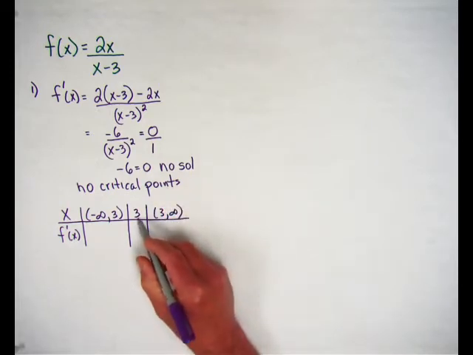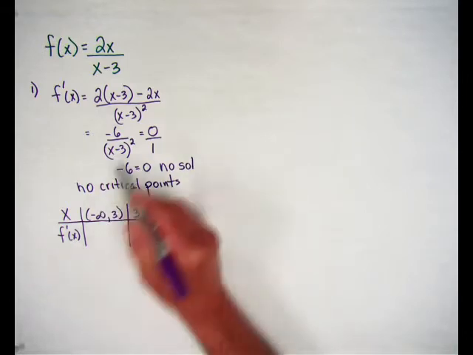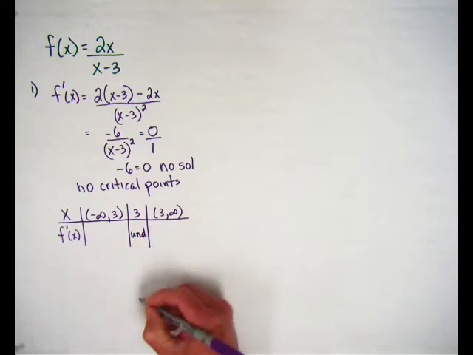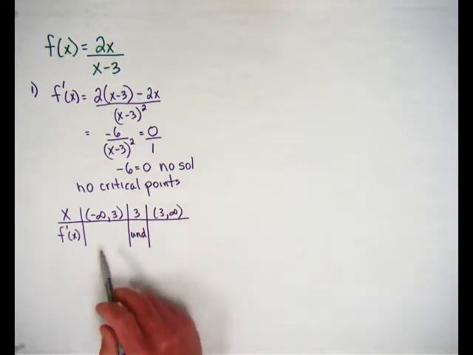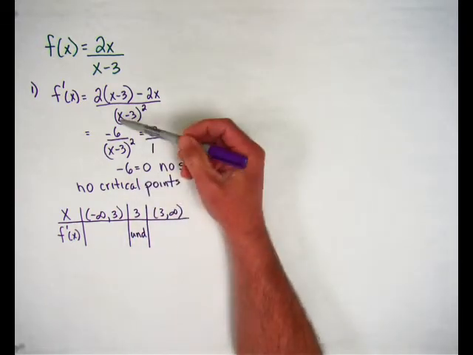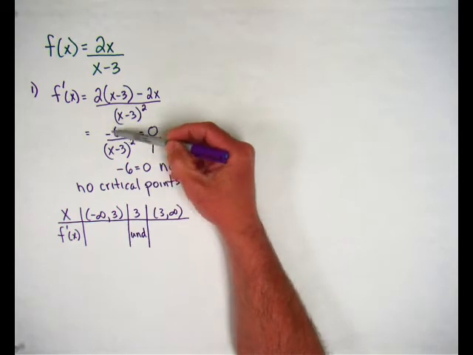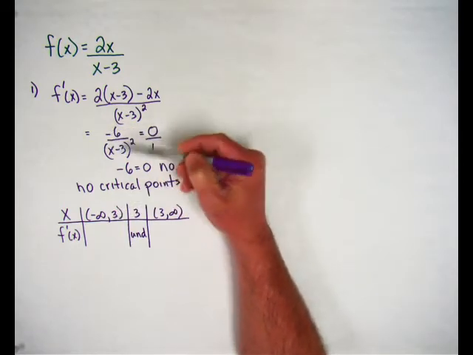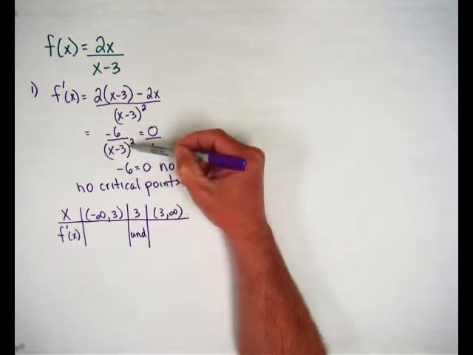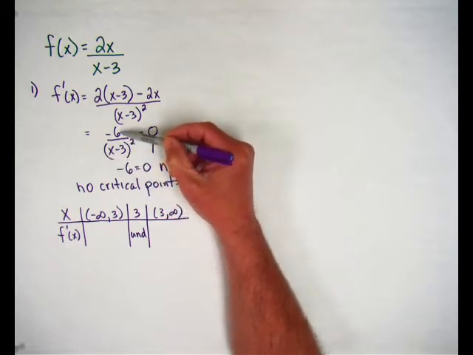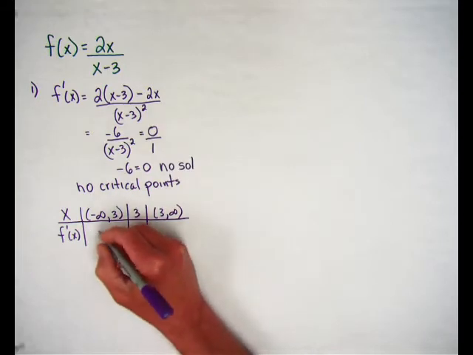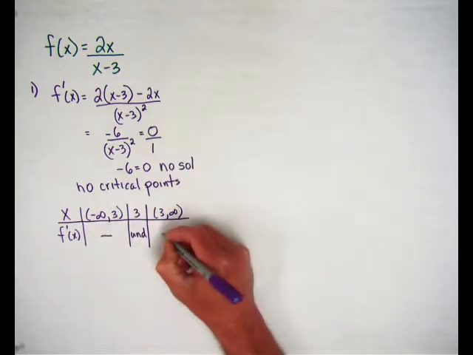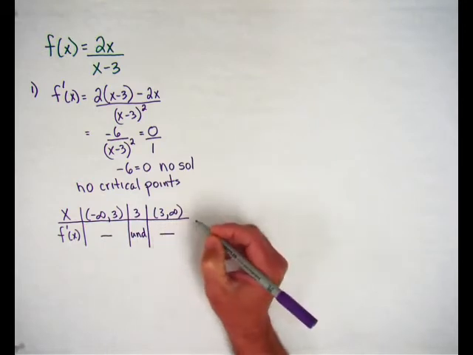Underneath the 3, if you plug 3 into the first derivative, it would be undefined. So we just put undefined here. And then what we do is we perform our test. Now, you'll notice that our first derivative is a negative number over something squared. So no matter what we plug in for x, the bottom will always be positive, and the top will always be negative. So what's happening here is regardless of what interval we're on, our first derivative is going to be negative and negative.